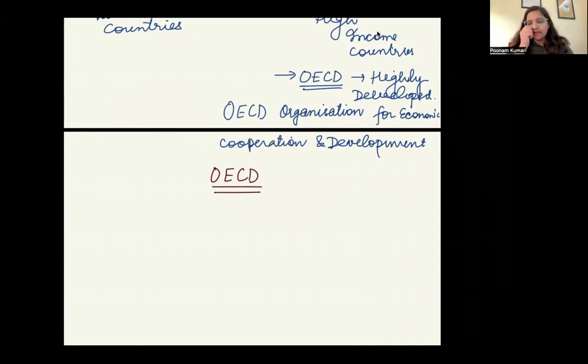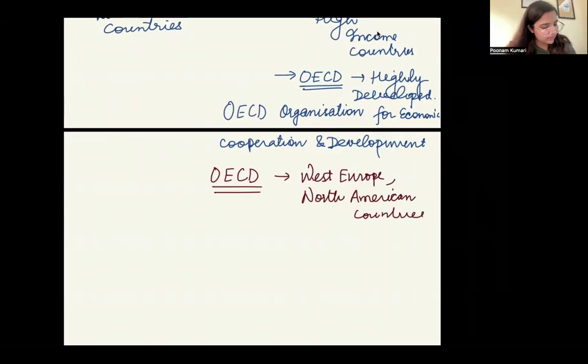So all the highly developed countries, so mostly North American, Western Europe, majorly most of the countries there, North American countries, okay, apart from that Australia, New Zealand is also there.